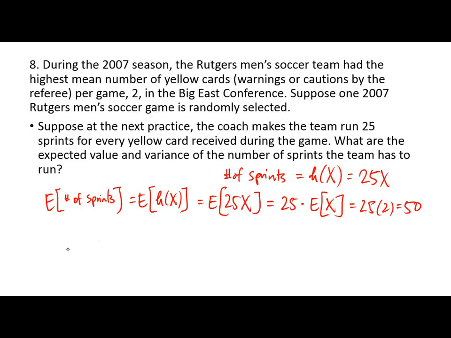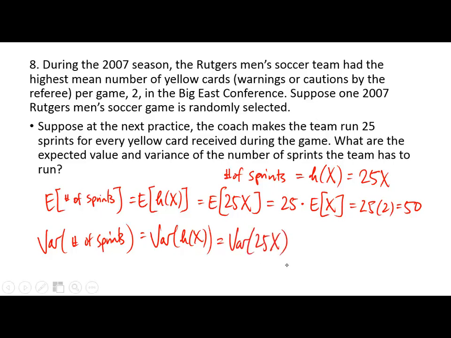Okay, so similarly, the variance of the number of sprints is just the variance of h of x. It's the variance of 25 times x. So what's my rule for the variance if I have a linear function?